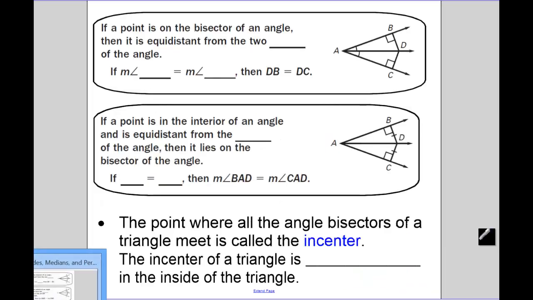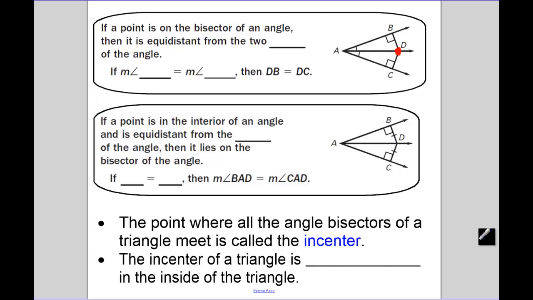Okay, now angle bisectors. If a point is on the angle bisector of an angle, then it is equidistant. So DA is the angle bisector, and point D is on the angle bisector, so it's equidistant.